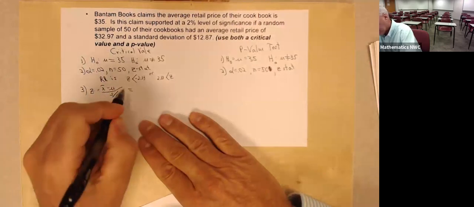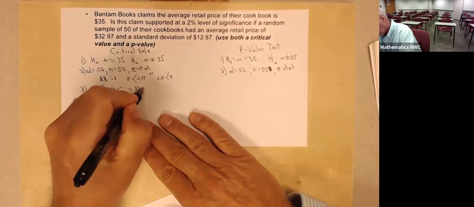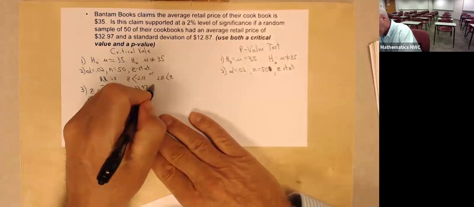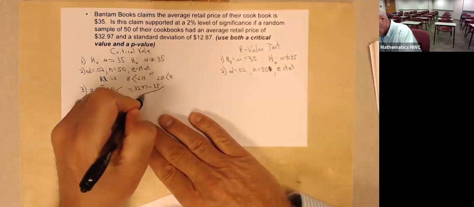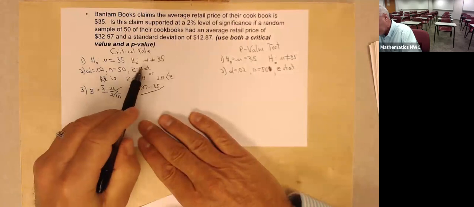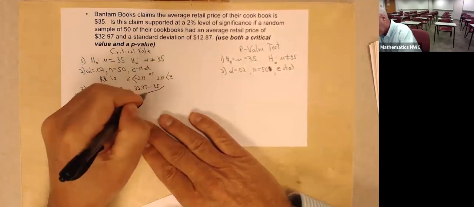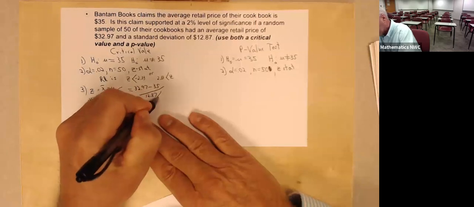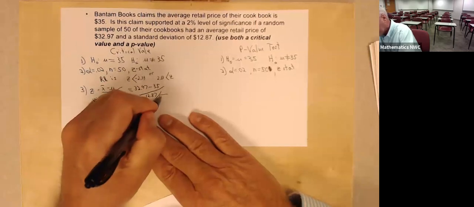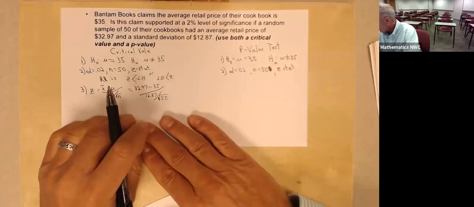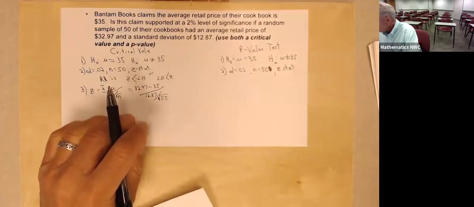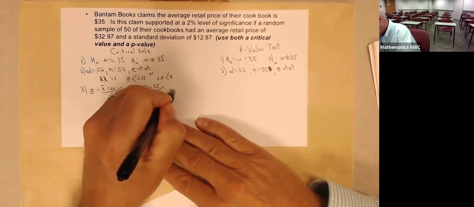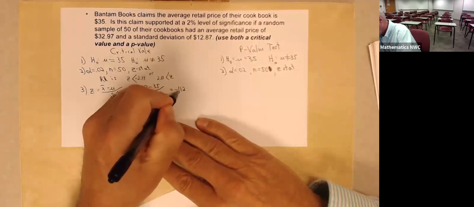That's my X bar. $32.97 minus the hypothesized mean, 35, divided by my standard deviation, which was 12.87, divided by the square root of my sample size, 50. When I calculate that out, I round it off to a negative 1.12.